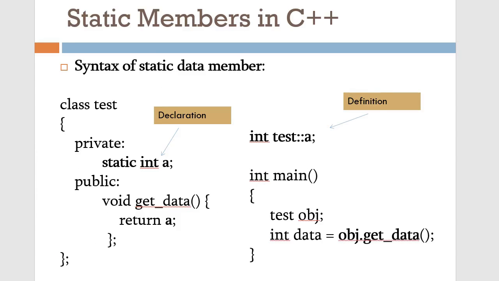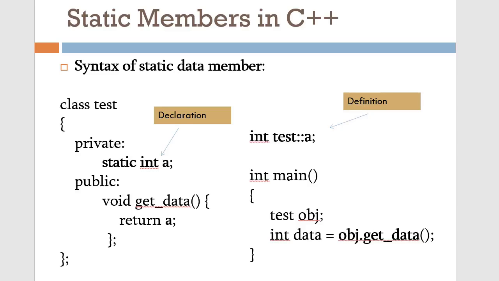Let's understand the syntax of static members. On the left side you can see the declaration of this class, and inside this class we have created one static member variable. This starts with the static keyword followed by the data type and then the name of that variable. So this becomes a declaration for this static member variable. And on the right hand side you can see the definition of this static member variable.